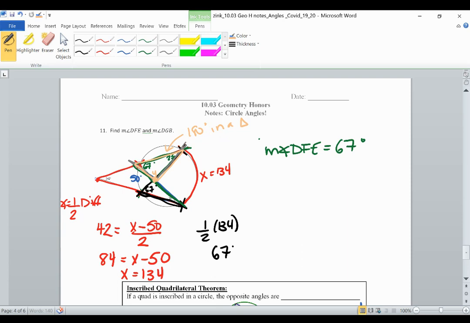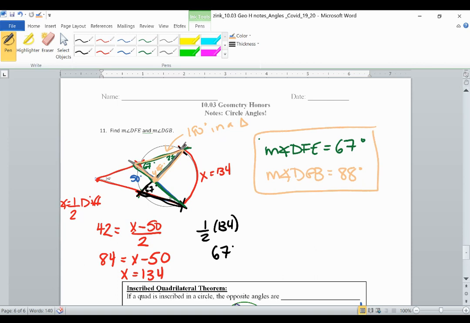But I don't think you have enough information to solve it that way without another theorem we haven't talked about yet. So the triangle is your best bet. Take 67 plus 25, subtract it from 180, and that gives 88. So the measure of angle DGB equals 88 degrees.